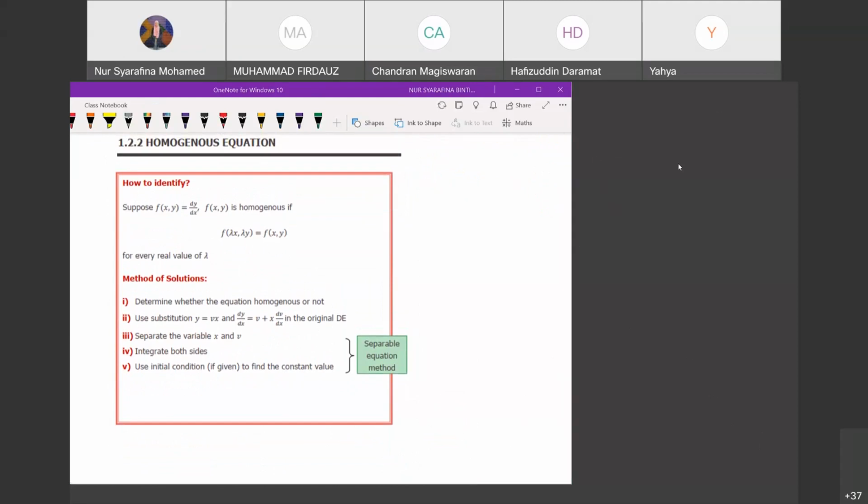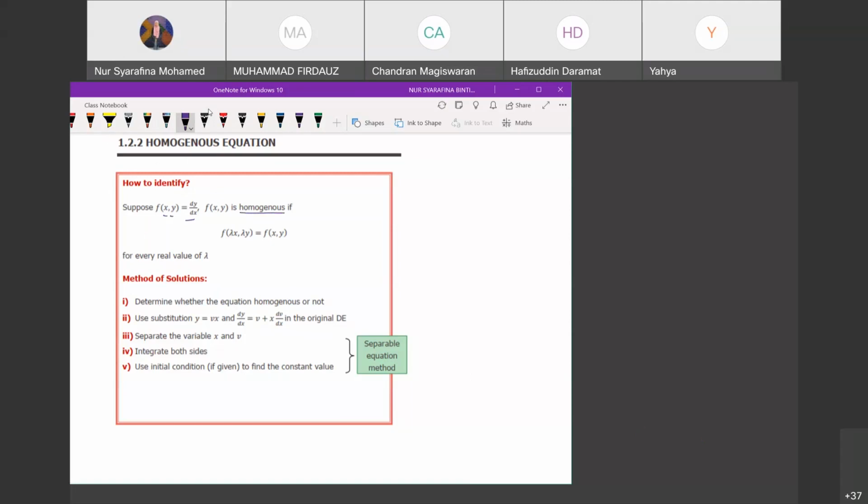So first thing first, you have to know that function is homogeneous. So how can you identify the differential function is homogeneous or not? We have dy dx, which is a function of x and y. Then this function is homogeneous if f lambda x, lambda y equals to f x y.